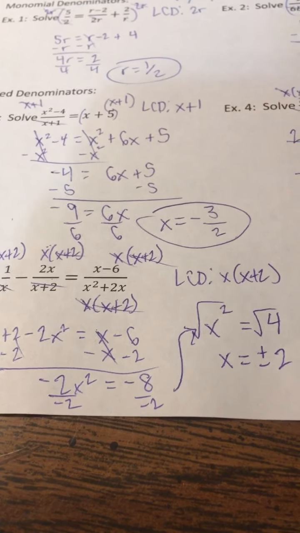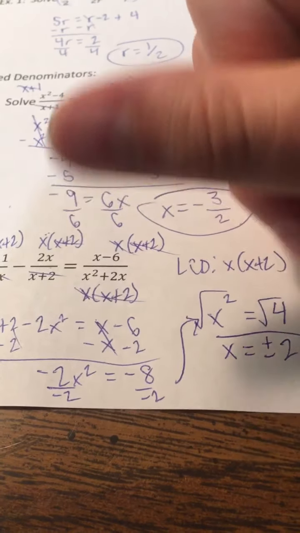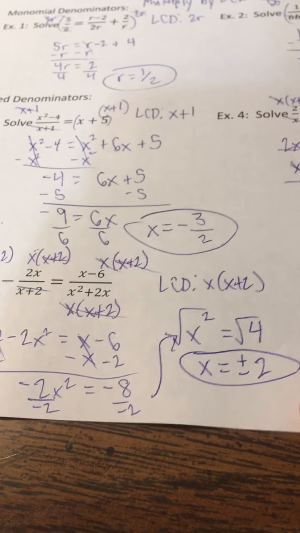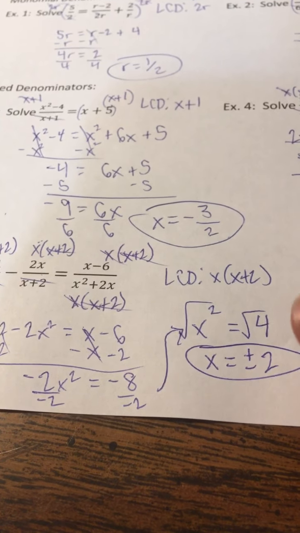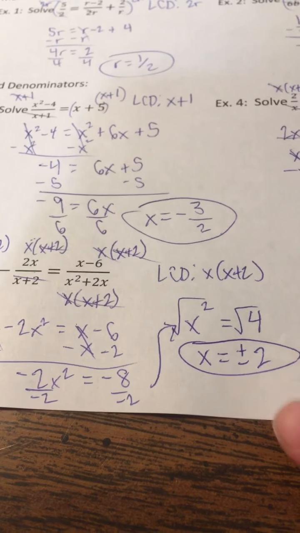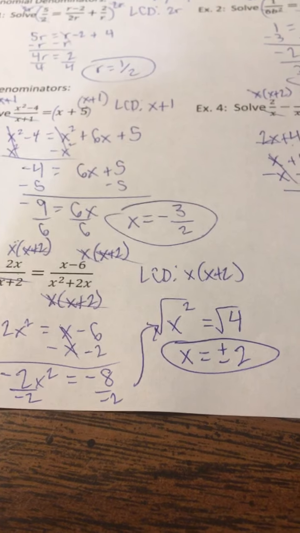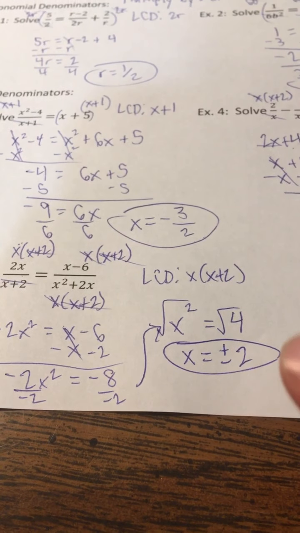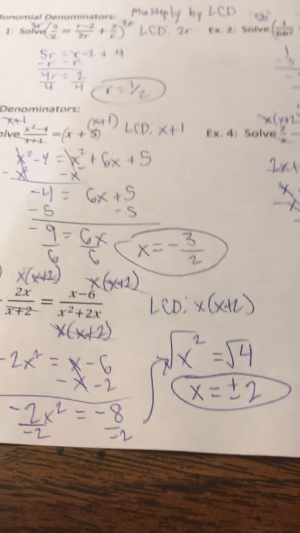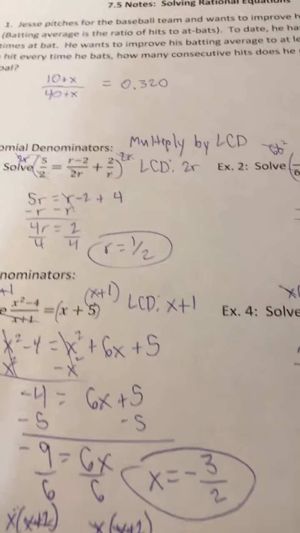All right, now for all these problems, one thing I do want to point out, and I should have said this first, before we say, yay, we've got the answer, if you recall, some of these answers are not quite right because there are some numbers x cannot equal. Really I should have told you this first, and it slipped my mind.